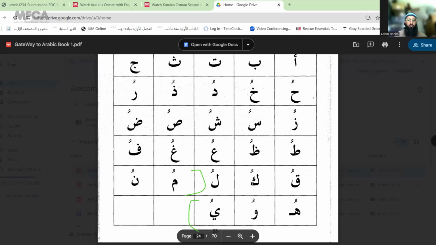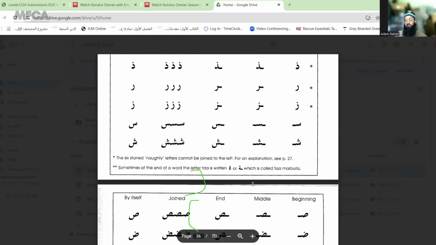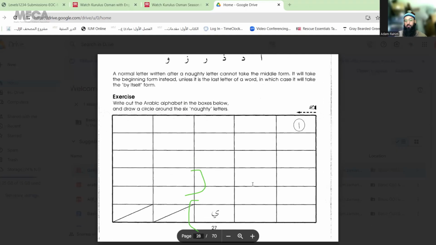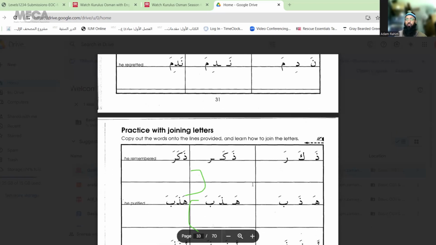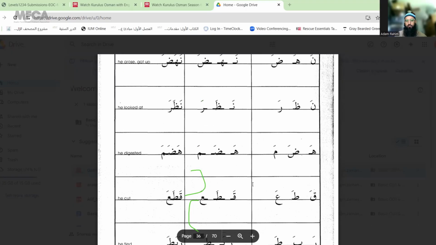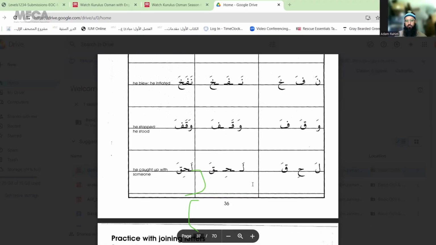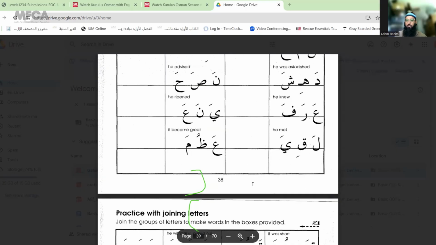Now let's go ahead and move on to the long vowels. How many long vowels do we have, guys? Three. Very good. So what are they? How do we achieve a long vowel? We add Aleph to it. That's the first one.